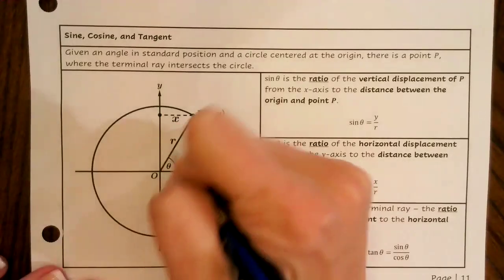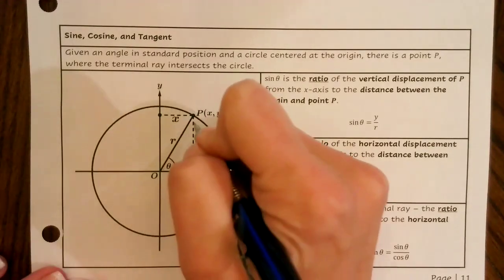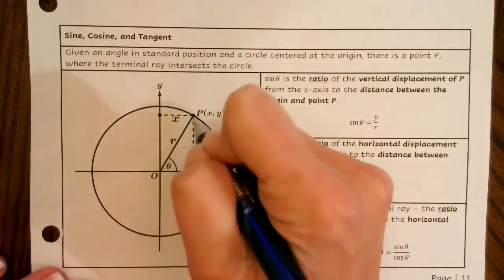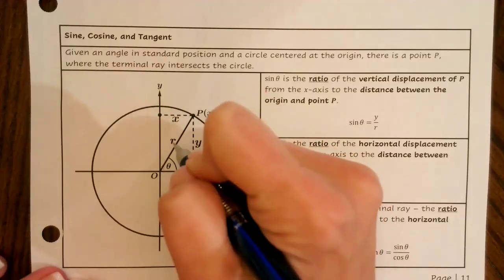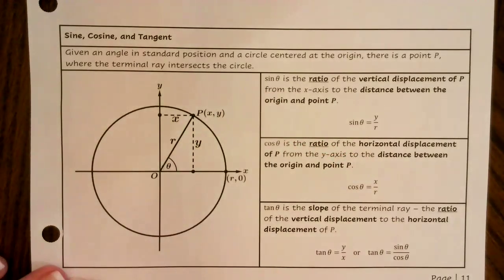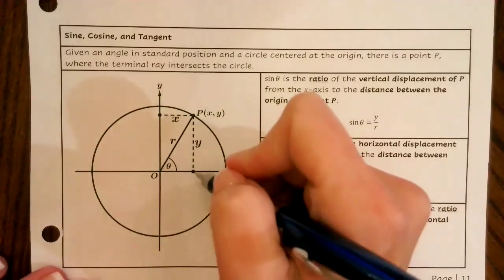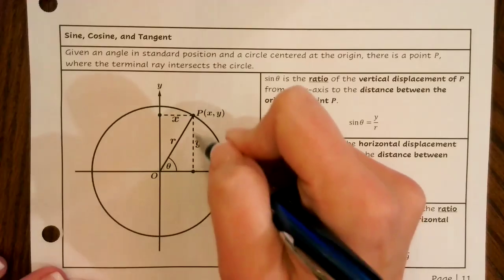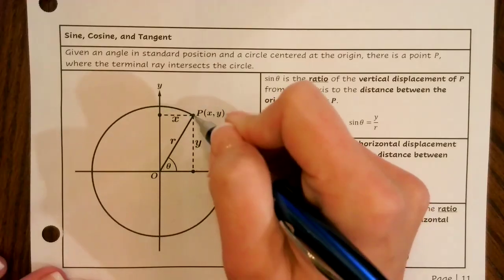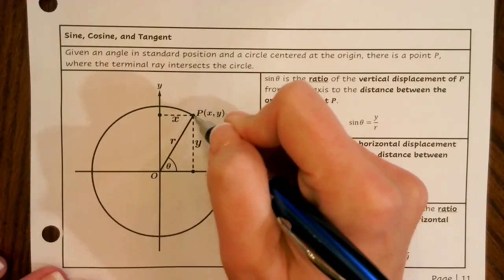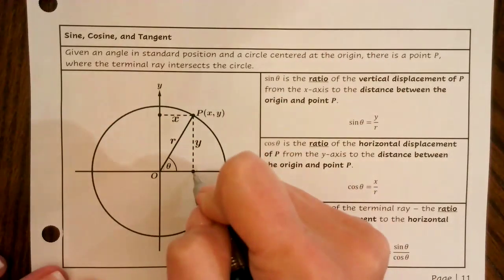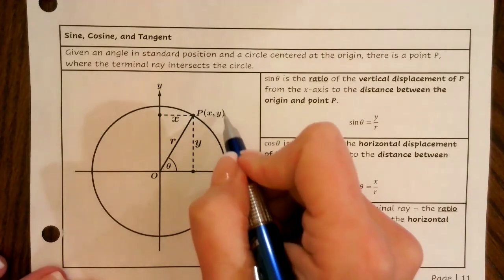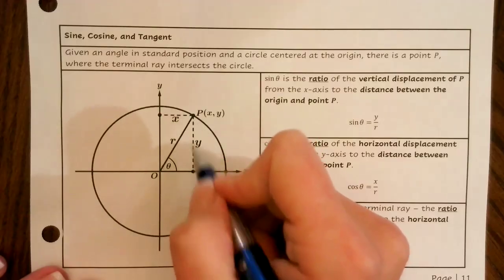So our distance to that point P would be this right here. That's the radius of the circle, so we've labeled that as R. And then the vertical displacement from the x-axis to that point would be this part right here. Since this is 0 right here, whatever my y value is going to be the length.